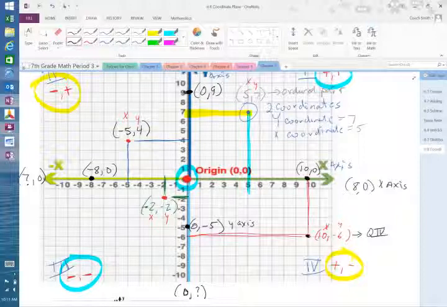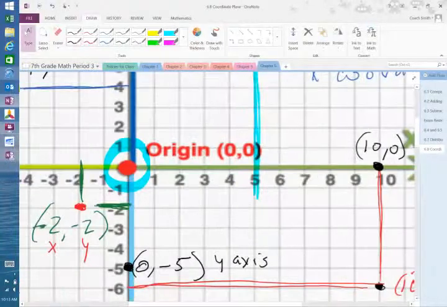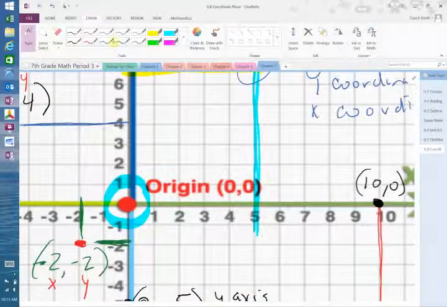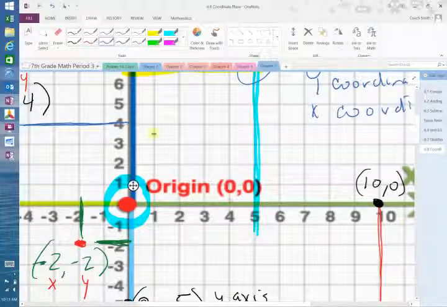The other thing is this. Make sure you understand, let me enlarge it here, that I can have something like this. That is 1, 3.5. I can have one that actually is right there.